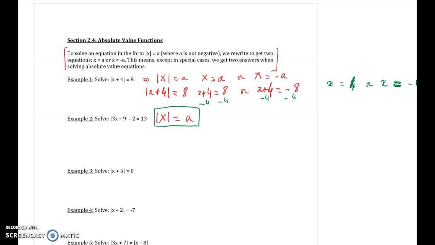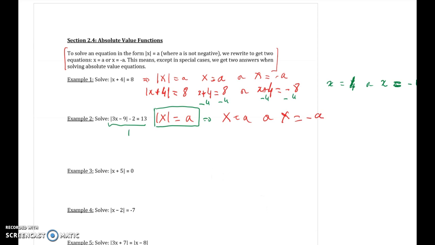You must transform this into an absolute value standing by itself in order to write the algebraic expression equal a or equal negative a.